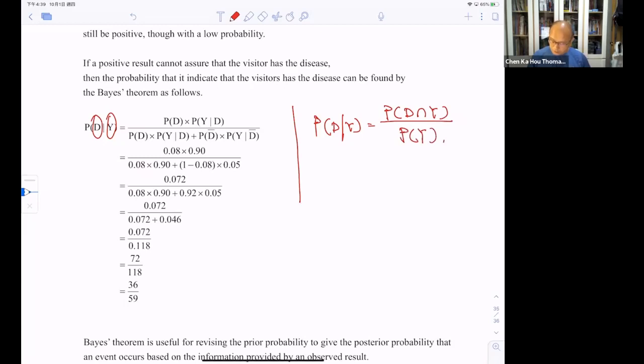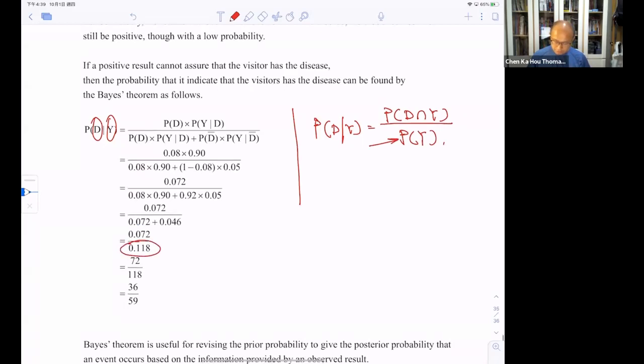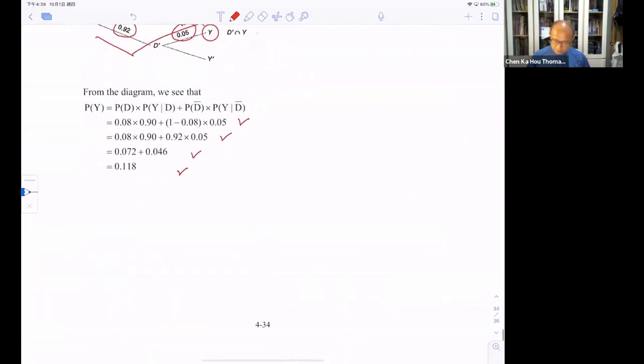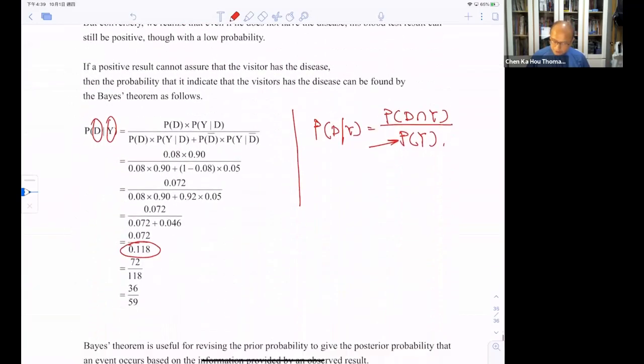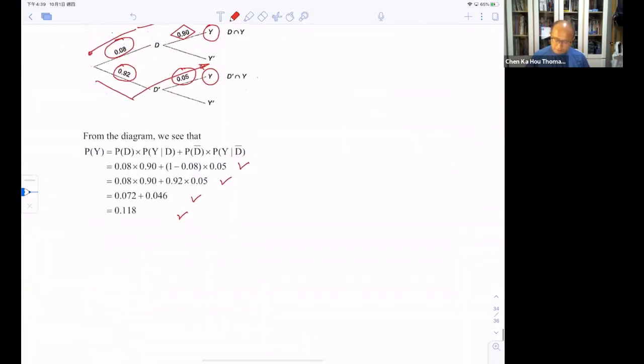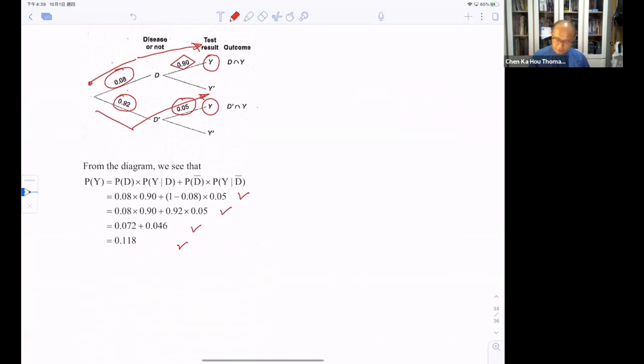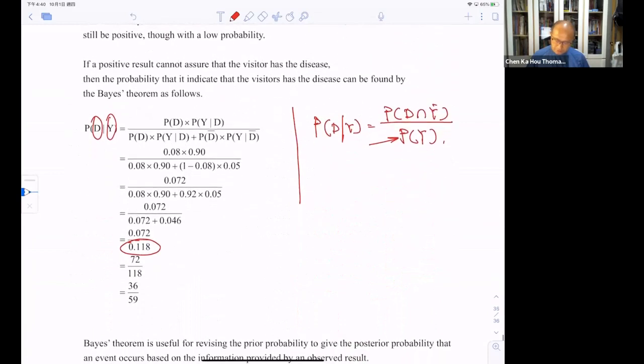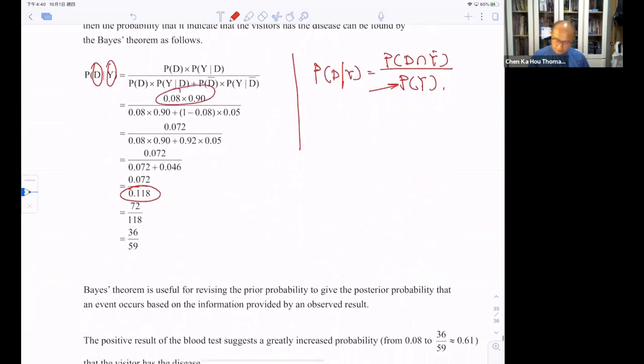The positive result, 0.118, is found from before. How about this one? With the disease and positive result, trace the diagram: 0.08 times 0.9. Very simple. You get 36 over 59.